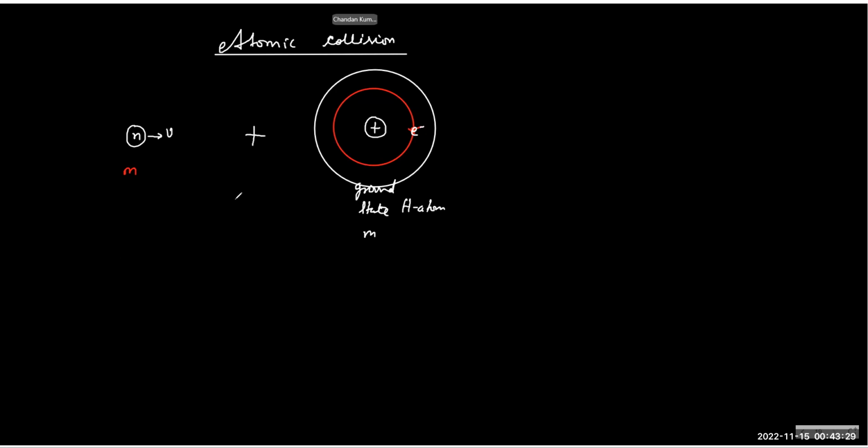If I take these two as a system, what is the energy of the system? Half mv square plus 0. Yes, the ground state H atom is at rest. So what is the initial momentum? mv.